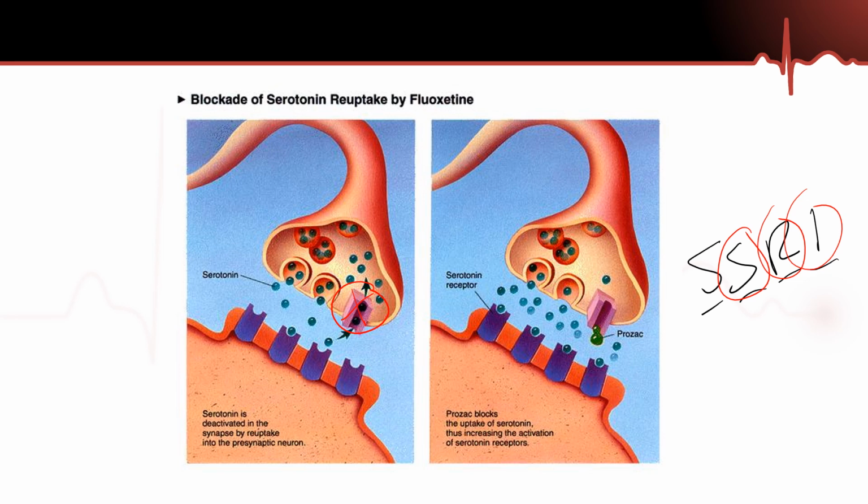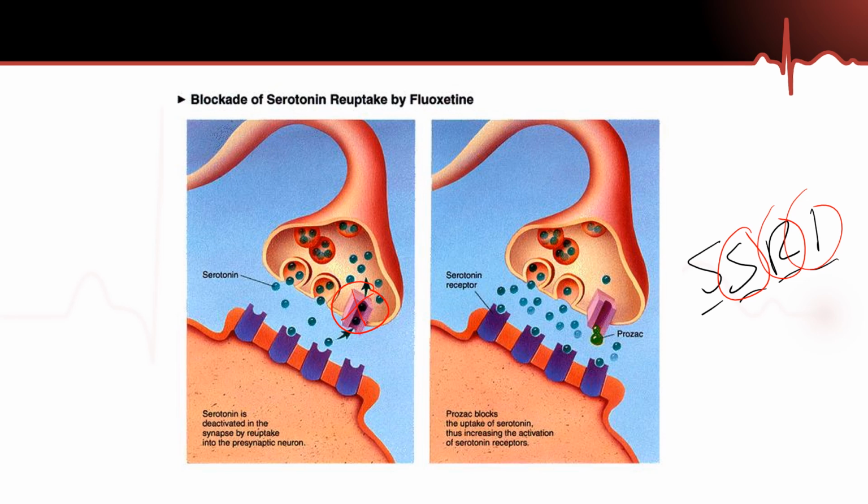That's what's being depicted over here, right? This is Prozac, the SSRI, binding to the serotonin reuptake pump on the neuron that releases serotonin, and it inhibits it. That prevents this protein from being able to kick serotonin back into the neuron that releases serotonin.